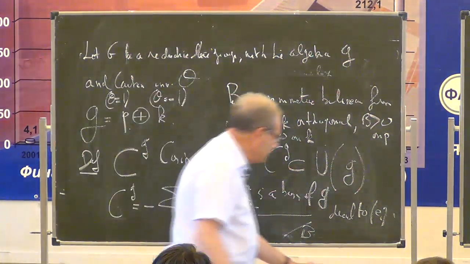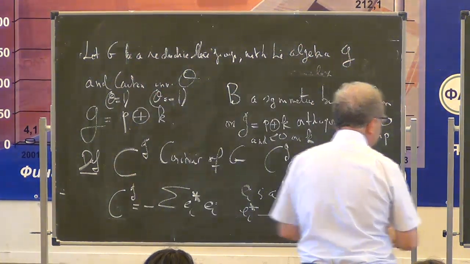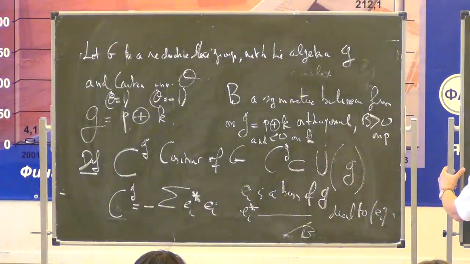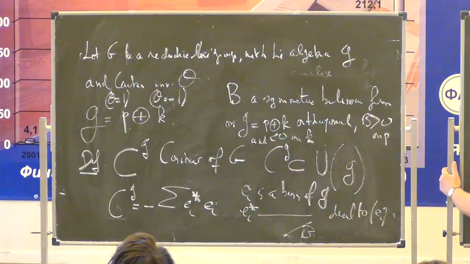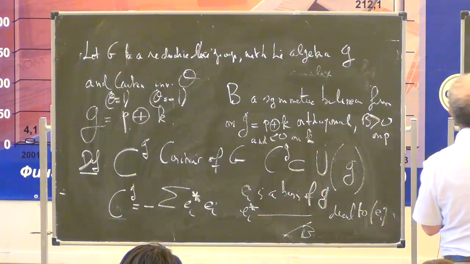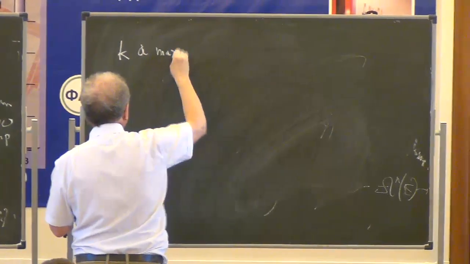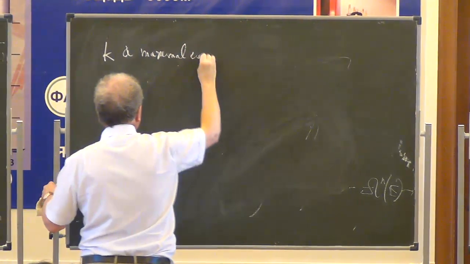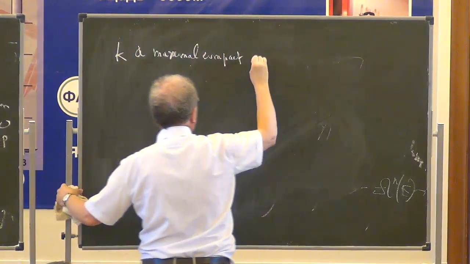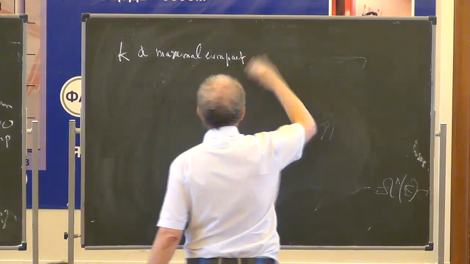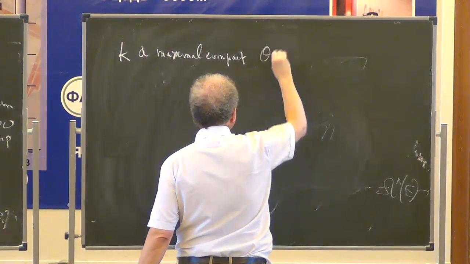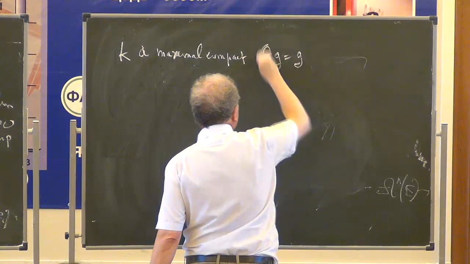So this is the Casimir operator, and the point about the Casimir operator is this one. Let K be a maximal compact subgroup, the maximal compact subgroup which is fixed by theta.